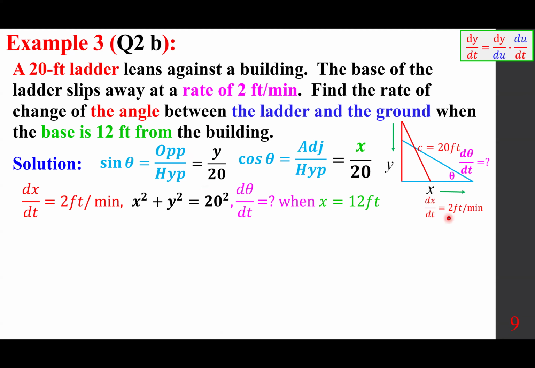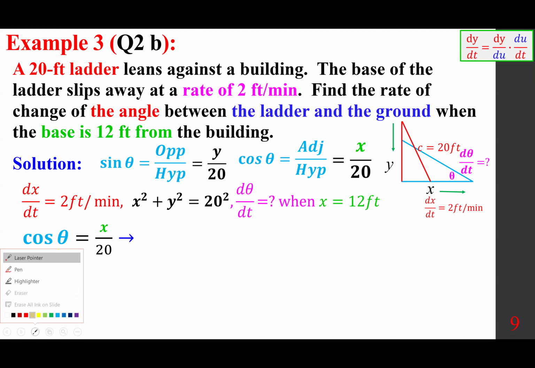So cosine theta is x over 20. That's what we are going to use. And before we differentiate that, I want to make sure that you notice this means 1 over 20 times x, which means when you differentiate the right side, just bear in mind this is 1/20, and then you differentiate x. So what happens on the left side?